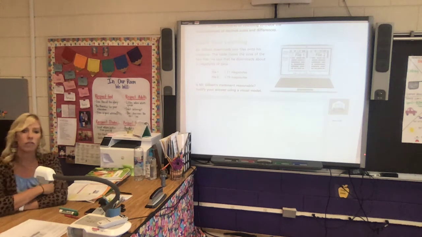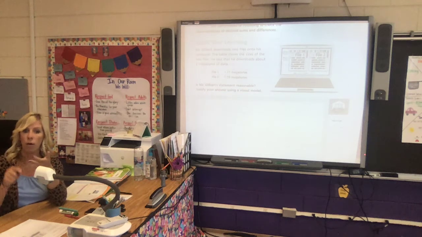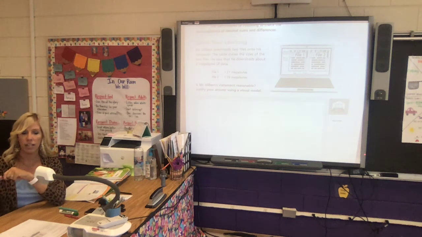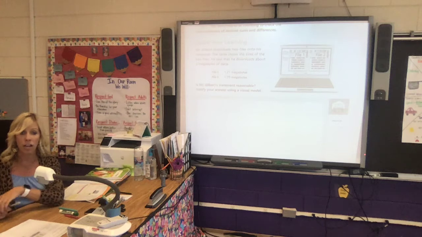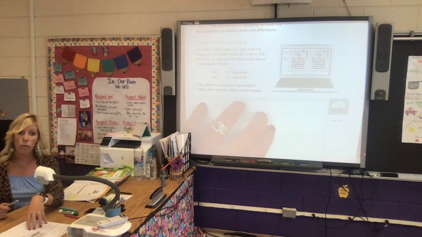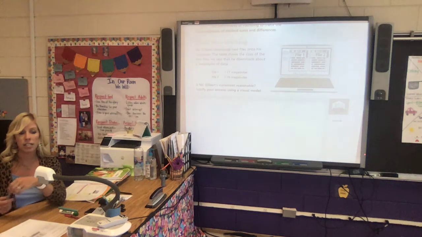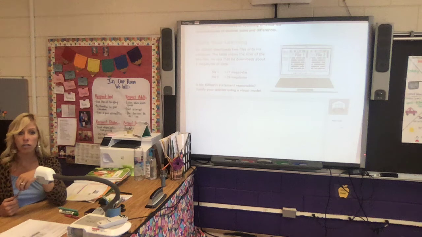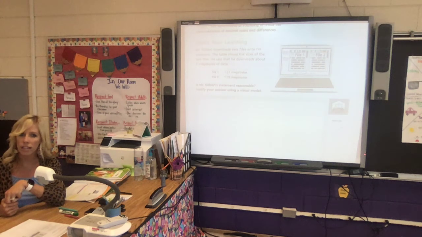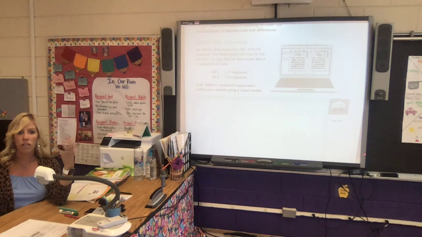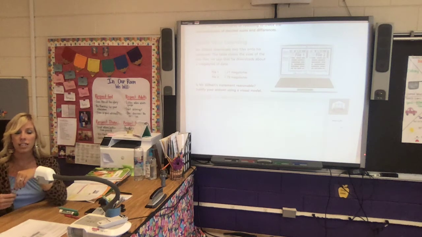When we discuss fractions, I use 0, a half, and a whole as a benchmark, because that's something we can quickly do in our mind. It might vary when we're doing decimals, because sometimes you could round to the nearest tenth or the nearest whole number. It just depends. You need to use something that is easy for you to do in your head. That's the whole point of this, is to find a reasonable estimate.